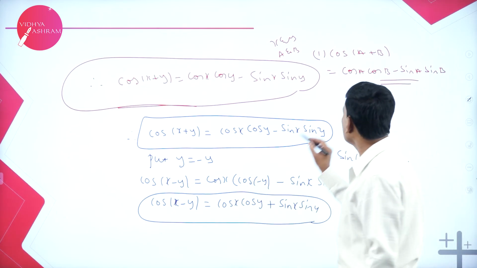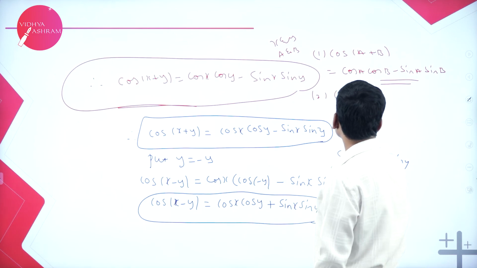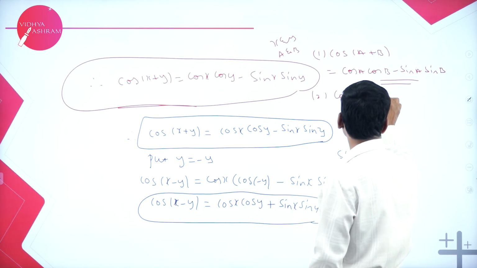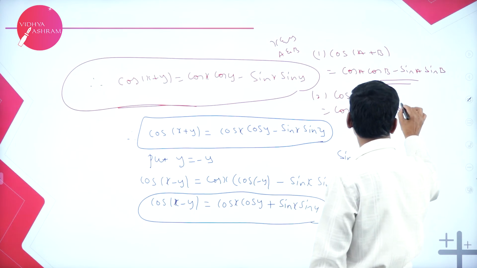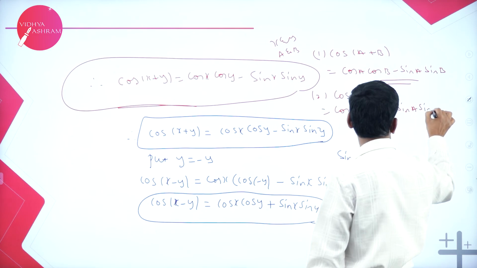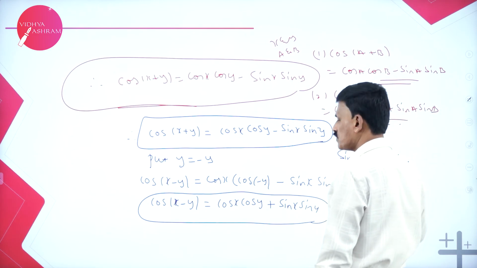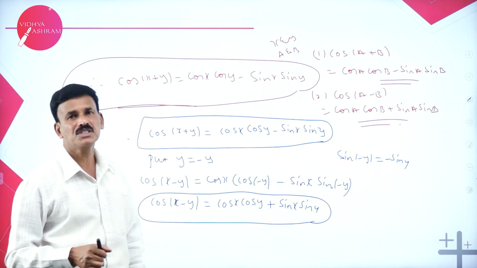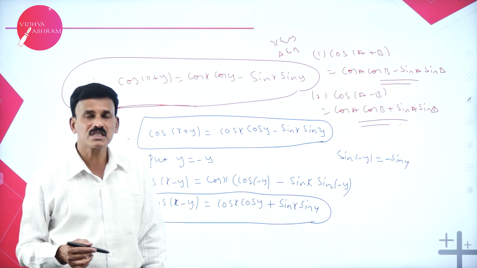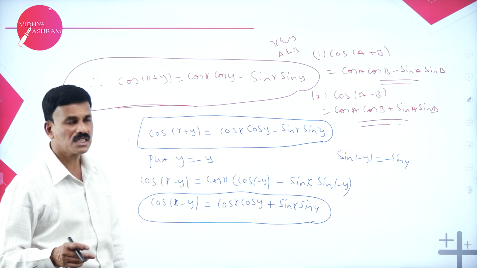Similarly, cos(a minus b) can be written as cos a cos b plus sin a sin b. These are the two formulas which we are going to use to solve the problems, for angles like 15 degrees, 75 degrees, 18.5 degrees, and so on.